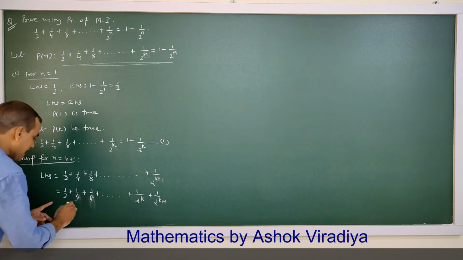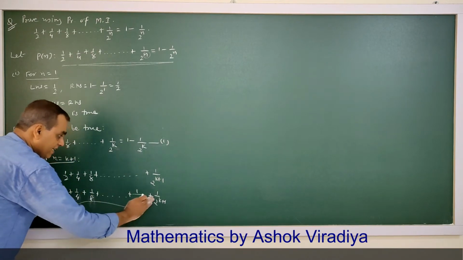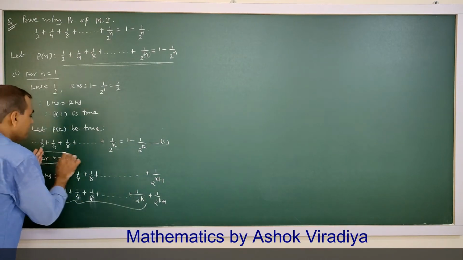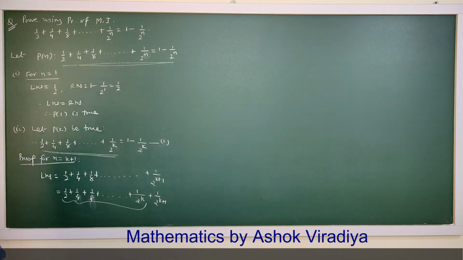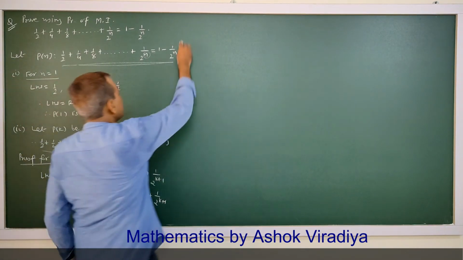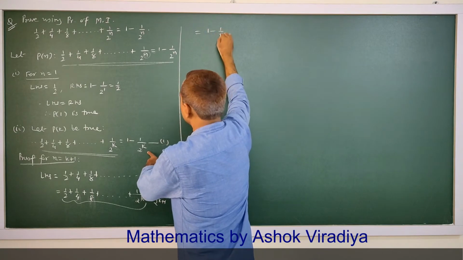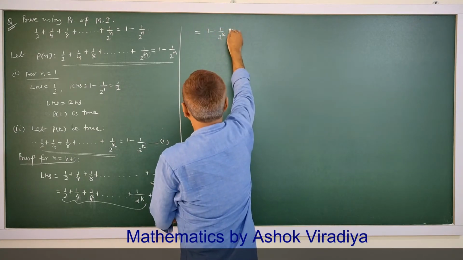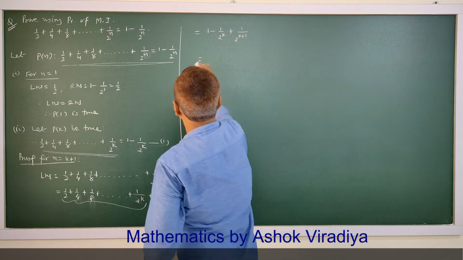So this we put by observation, second last term. After putting the second last term, every time if you observe this part till the second last term, then you will always find its value in equation 1. So now we substitute this value in this part. So it is equal to 1 minus 1 upon 2 raised to k plus 1 upon 2 raised to k plus 1.